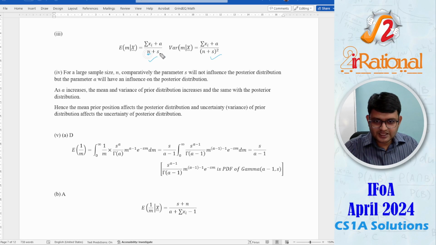Because n is large, s will not have a big say in the denominator here, but a will definitely influence both the expected value as well as the variances. As a increases, the mean and the variance of the prior distribution increase, and the same with the posterior distribution. Hence, the mean of the prior affects the posterior distribution, and the uncertainty, that is the variance of the prior distribution, affects the uncertainty of the posterior distribution.